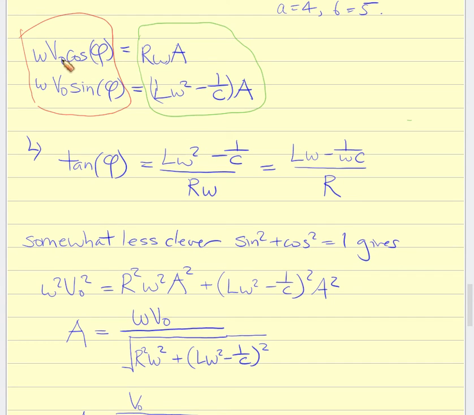So omega squared V naught squared cosine squared plus omega squared V naught squared sine squared just gives us omega squared V naught squared, using that sine squared plus cosine squared equals 1 for the same angle on sine and cosine.